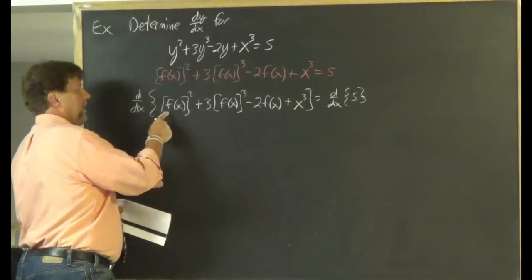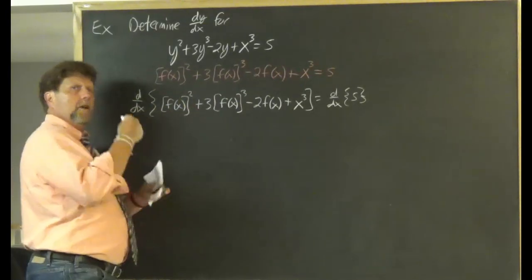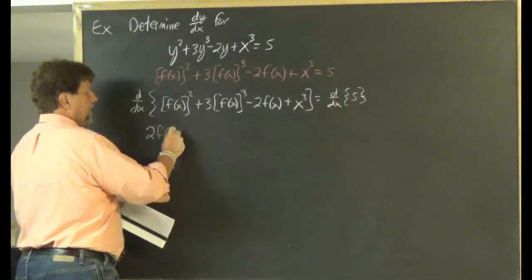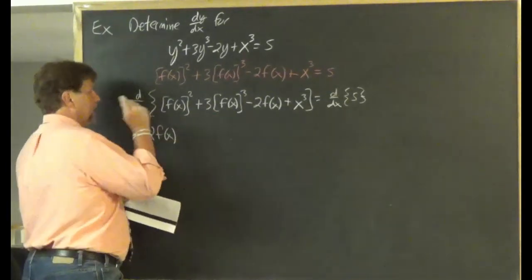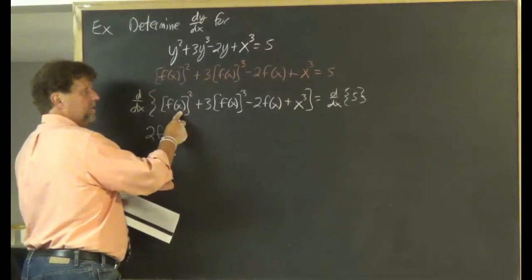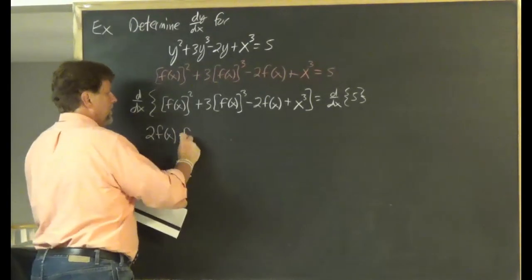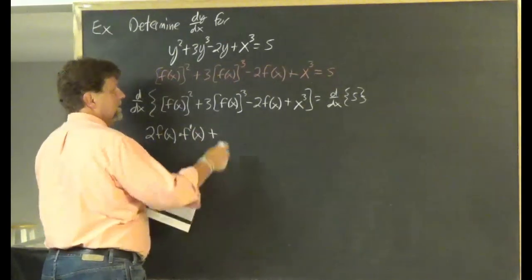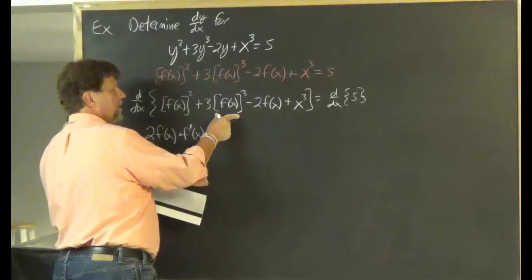The derivative of some function of x squared. Well, the chain rule tells us that would be 2 times f of x to the first power times the derivative of this function. That's the chain rule. Well, the derivative is f prime of x. Plus, move to this term, get the derivative.